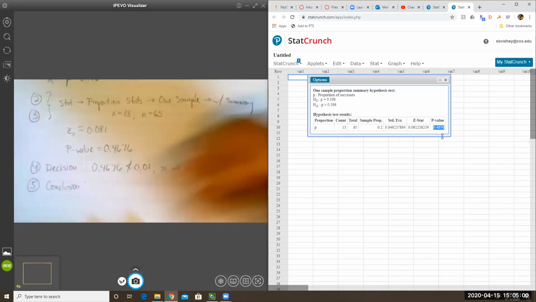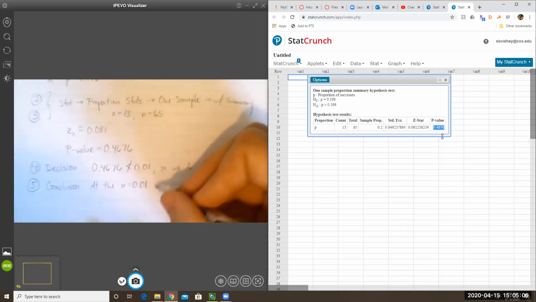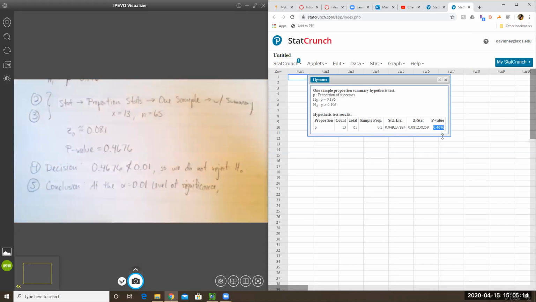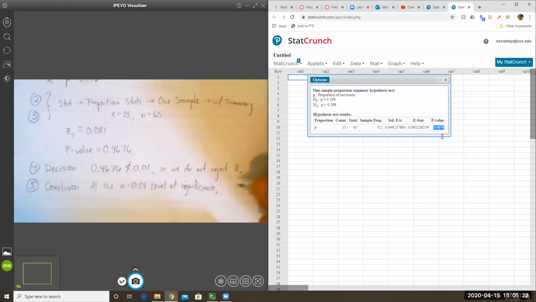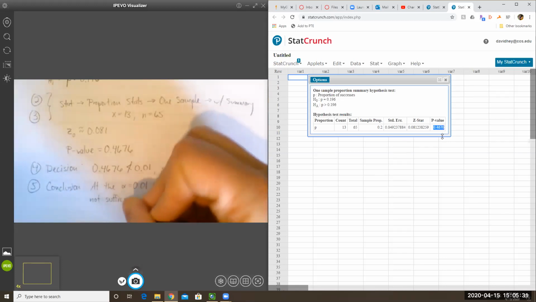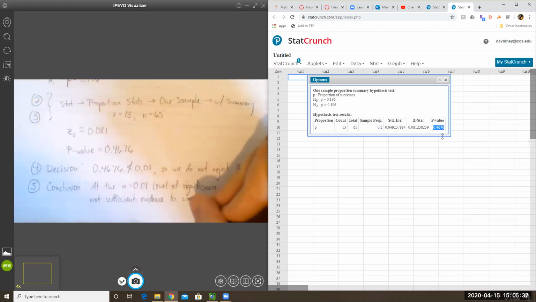So in conclusion, we would say this. We would say at the alpha equals 0.01 level of significance, we are not rejecting the null hypothesis, so that means there's not enough evidence to support the alternative. And so there is not sufficient evidence to support the claim.